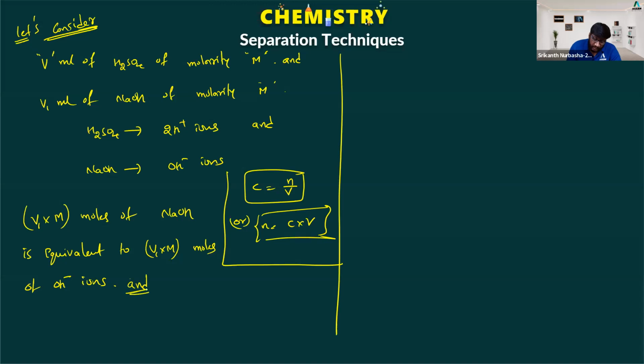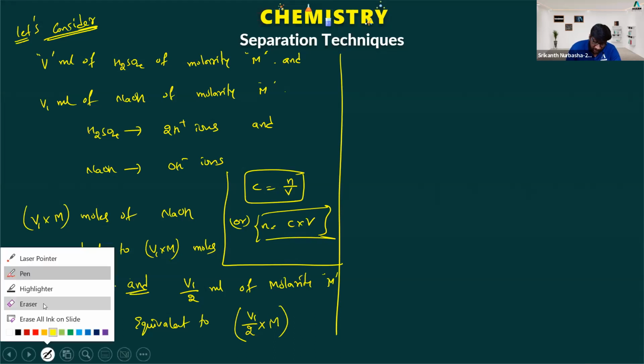And V1 by 2 ml of molarity M of H2SO4 is equivalent to V1 by 2 into molarity M. How many moles are you getting?